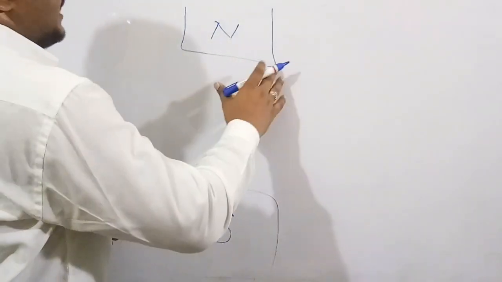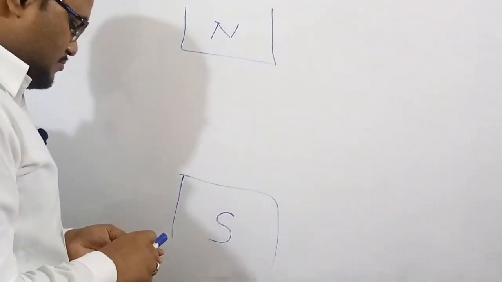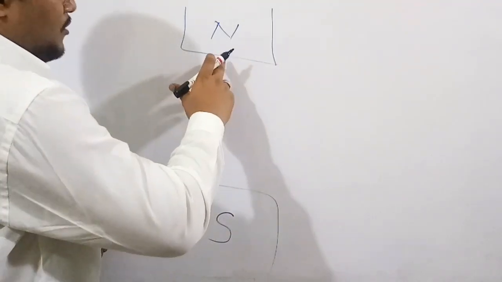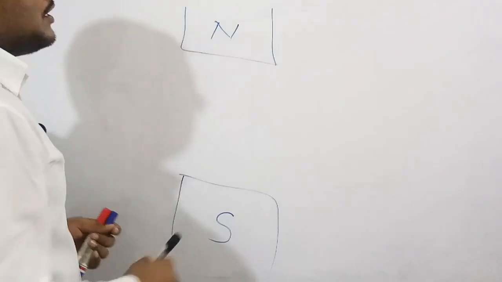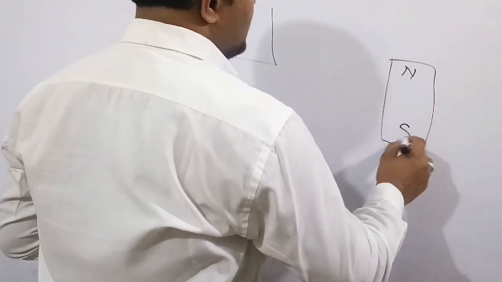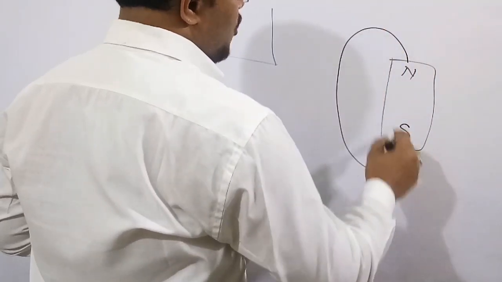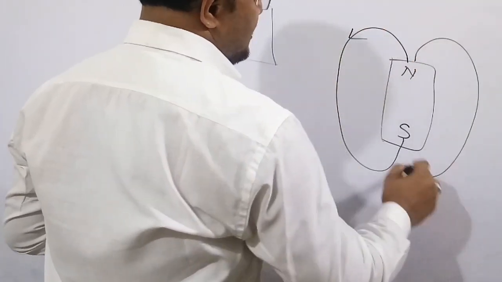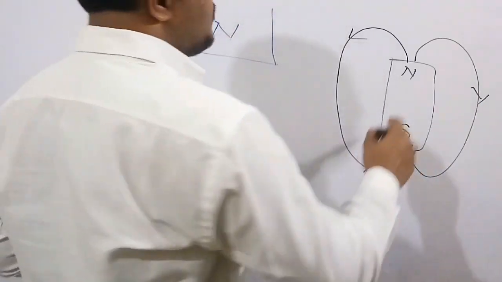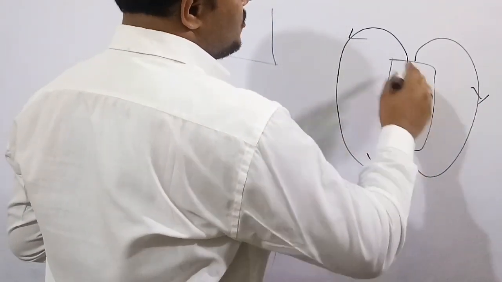So this is a magnet, right? In this magnet, the direction of the magnetic field will always be from north to south outside the magnet, and inside the magnet, the direction of the magnetic field will be from south to north.